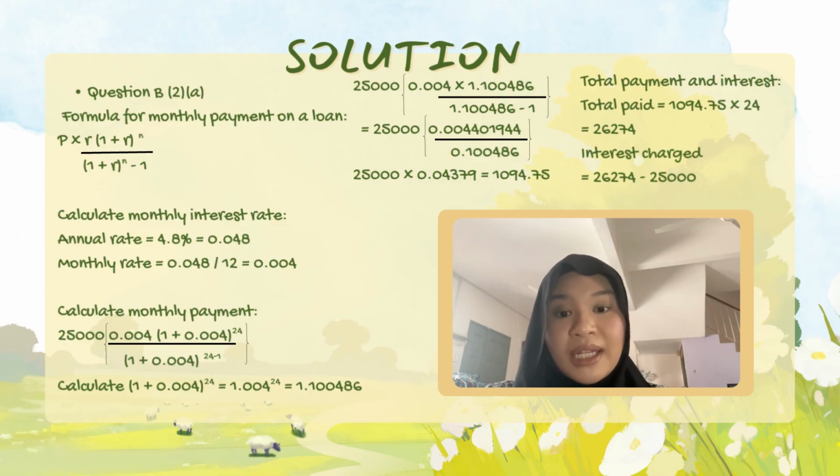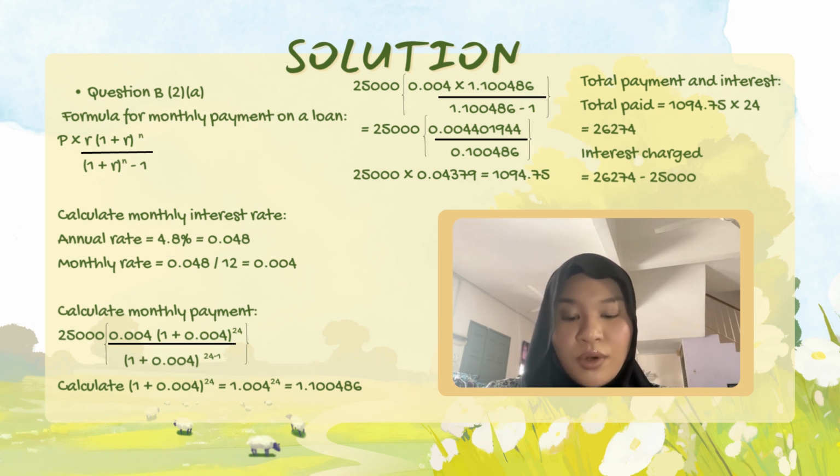To calculate the monthly payment, 25,000 times 0.004 times (1 plus 0.004) to the power of 24, divided by (1 plus 0.004) to the power of 24 minus 1. Calculate 1.004 to the power of 24, which equals 1.1000486.